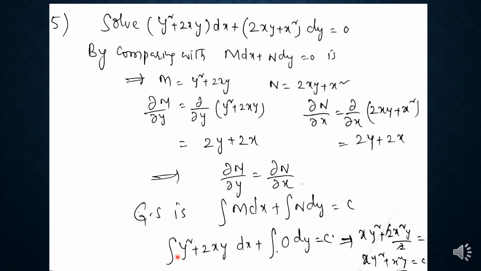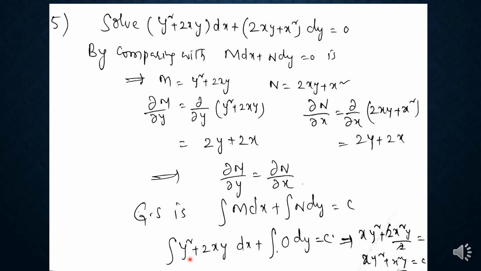Now integral (y square plus 2xy) dx. While integrating with respect to x, y will be treated as constant. So integral y square dx is y square into x plus, here 2xy dx is 2y into integral x dx, 2y into x square by 2, plus integral 0 dy is equal to c.